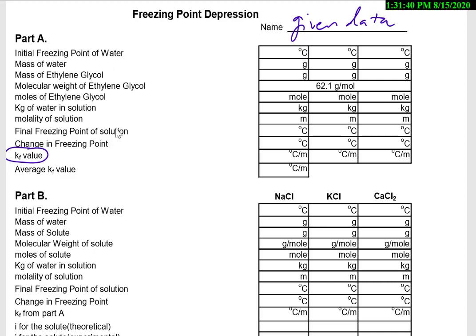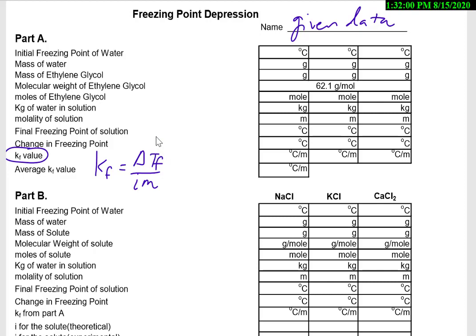What we know here is that K little f is equal to delta Tf, the change in the freezing point, over little i, the van 't Hoff factor, times molality. Using the given data, we can find all of these different variables.